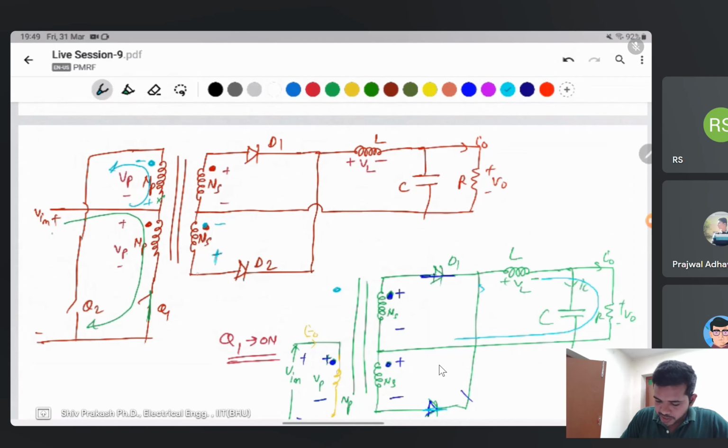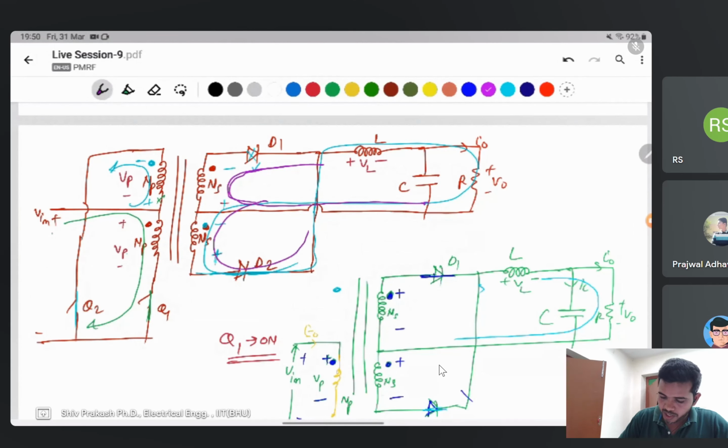The undotted end connected to the positive voltage is forward biased, and this other diode is in reverse bias, because the dot is negative. That's why this one is reverse biased and current flows like that, and switch Q2 is on. Same thing when Q1 and Q2 are both off: with Q2 off, the remaining charge of the inductor releases its energy through both diodes.